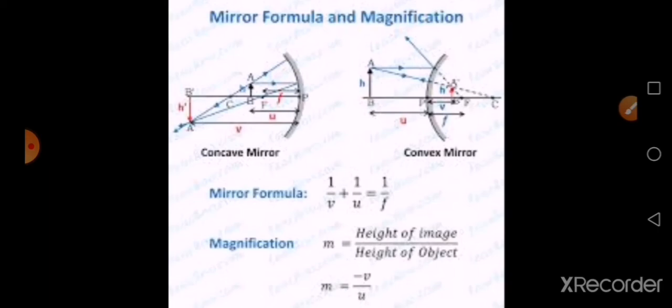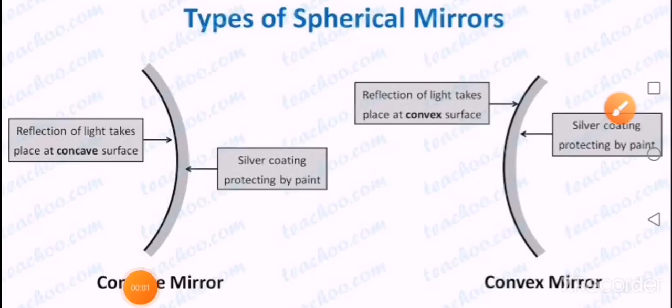In case of a concave mirror, you can have a real image. In that case, u and v both are negative. Almost everything regarding the types of mirrors, their images, and the uses of spherical mirrors you have been learning from your smaller classes. It's given in your textbook also. Read through that. If you have any doubt, you can ask me.